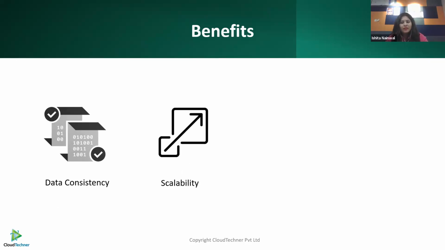Next benefit that we have is scalability. Scalability is the ability of a system to handle increasing amounts of data and data traffic. MongoSync is a scalable tool that can be used to synchronize data between two MongoDB clusters of any size. Next, we have flexibility.